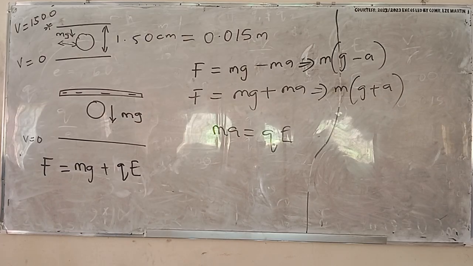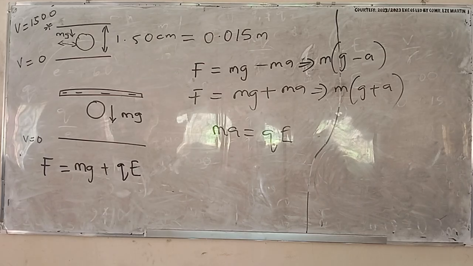This oil drop, you will learn it in your practicals as the Millikan experiment, how they do the experiments to find out the charge of an oil drop as it moves. The same principle you use for an elevator moving downwards is what you use here.